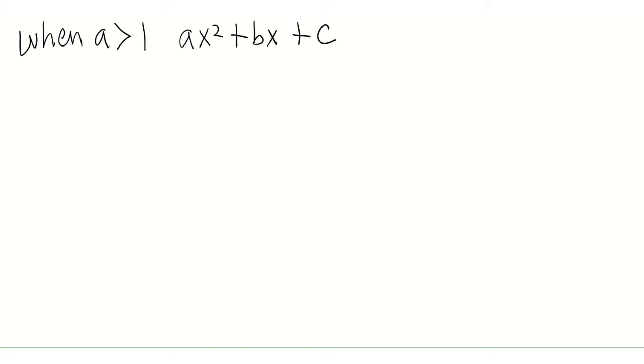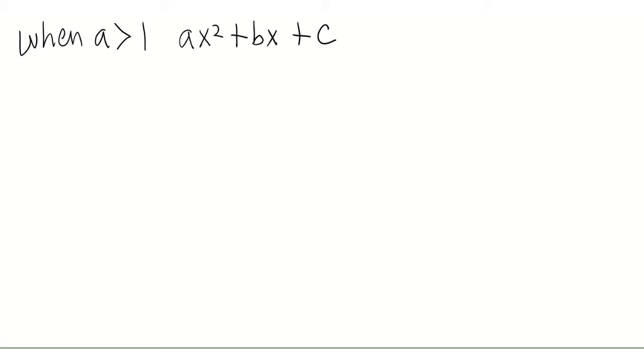Okay, so let's look at an example of when a is greater than 1. That's going to have the formula of ax squared plus bx plus c, and we're going to use the AC method of factoring to help bring that trinomial down into binomials.